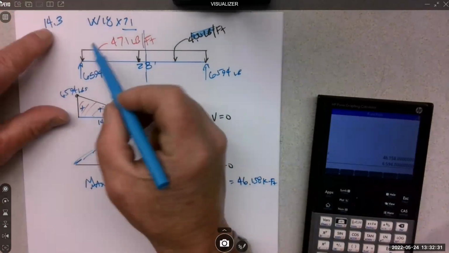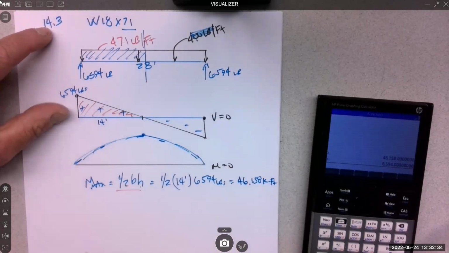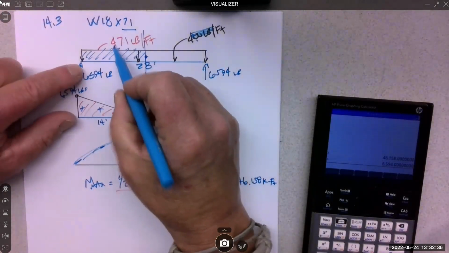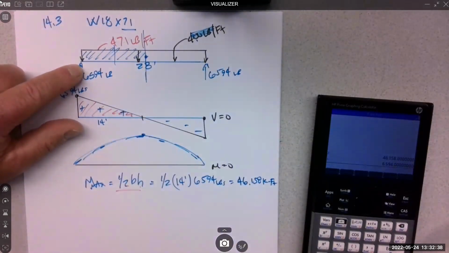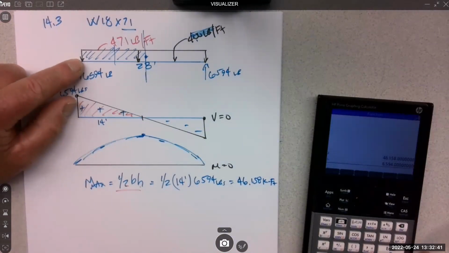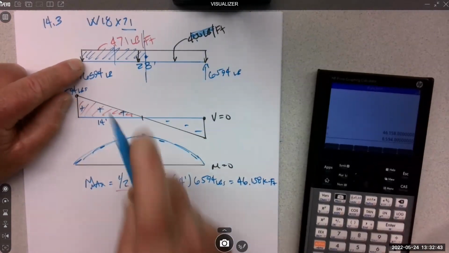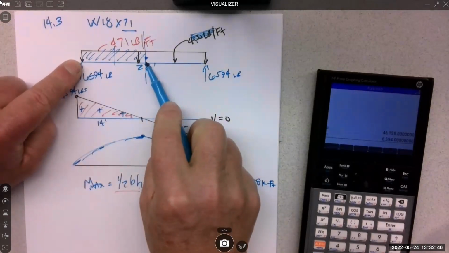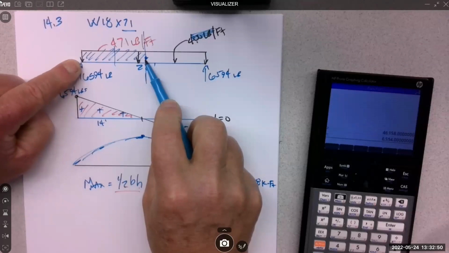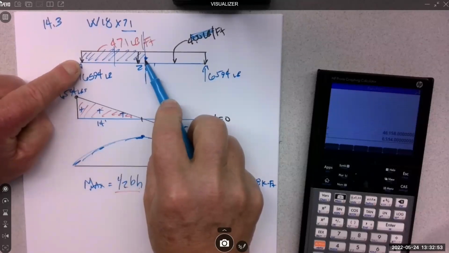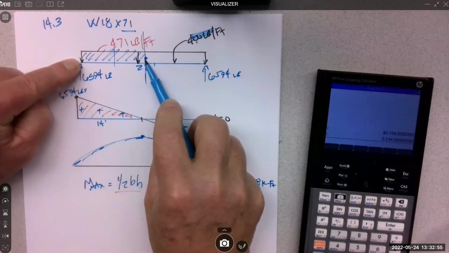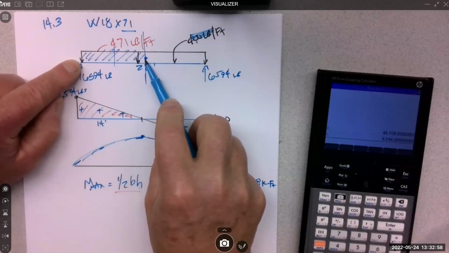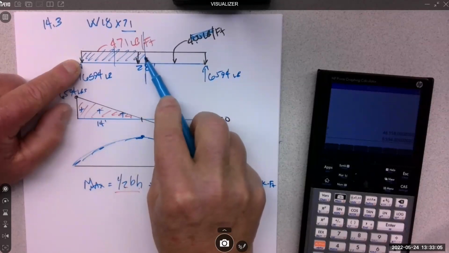And then it's times halfway because you're concentrating it. No, 471 times 14, that's the concentration. Times 7 is the lever arm. So there's 3 numbers when you do a moment of a distribution. Yep, you had to concentrate it first. 471 times 14 times 7.